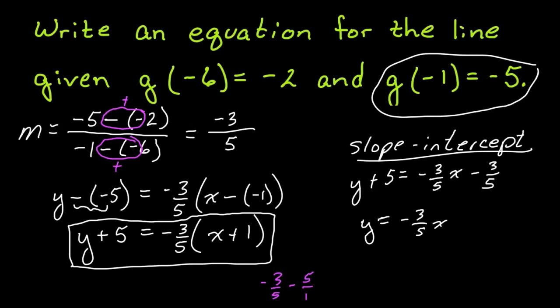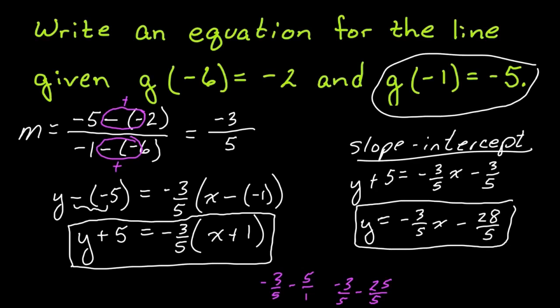And in order to subtract fractions, you've got to have a common denominator. So this would be the same thing as saying negative 3/5 minus 25/5, which will give us negative 28/5. And that will be your slope-intercept form for the equation of the line.